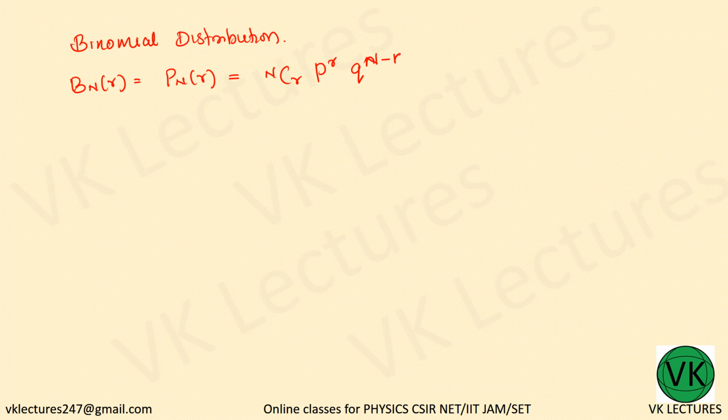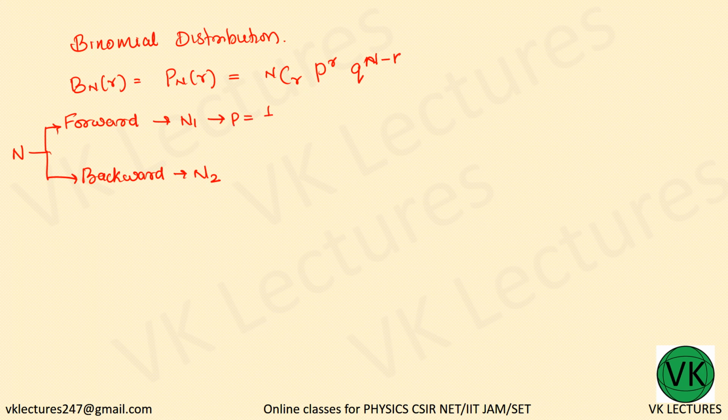So we already know that r is forward steps. If you have n steps, out of these n steps there are forward and backward. So forward steps are n1, backward steps are n2, and the probability of taking a forward step, p, is half.